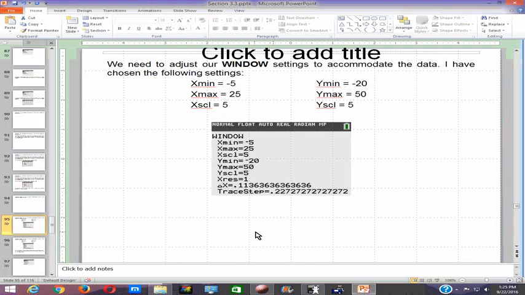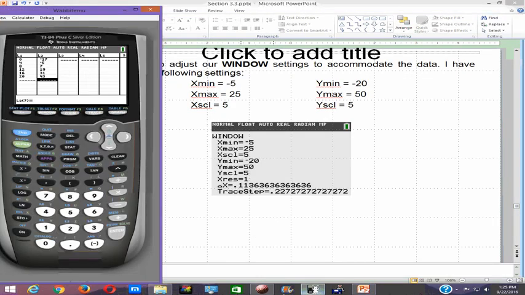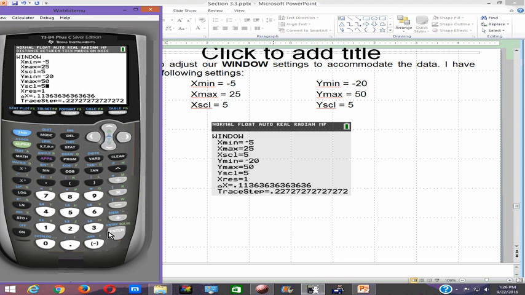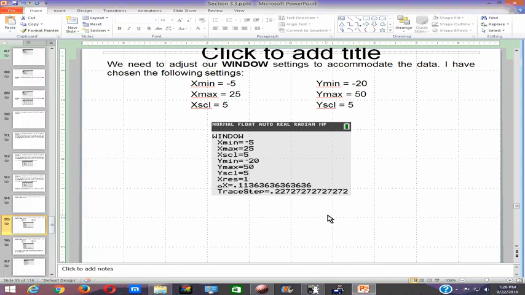So quit this, go to window, -5, enter, 25, enter, scale of 5, enter, y min of -20, enter, y max of 50, enter, and a y scale of 5 as well, enter. And of course, leave those last 3 values the same, and then we'll quit that screen.